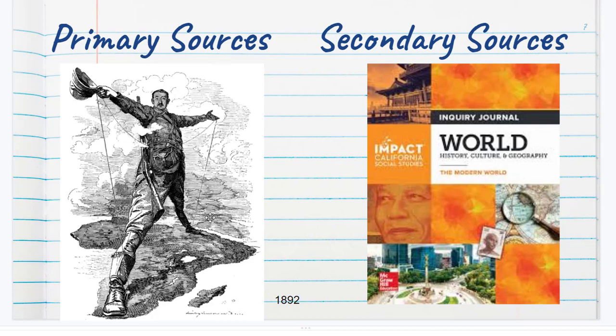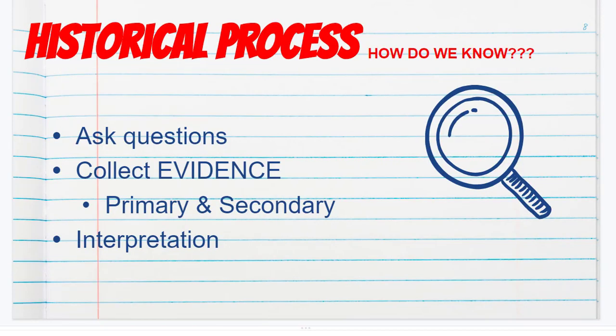In this case, you can already ask some questions and make some observations: what is the message in this primary source about the domination of Africa? All right, so we'll be using both, and as you think like a historian, my goal for you is to be able to identify whether it's a primary or a secondary source.